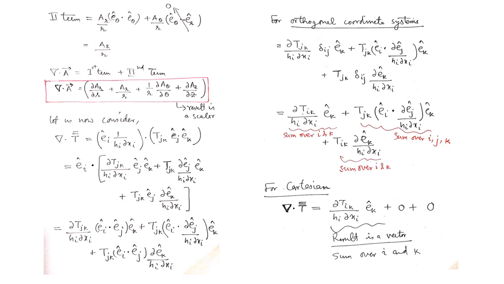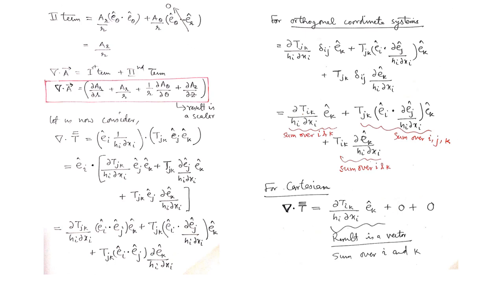Now for orthogonal coordinate systems, we already know that ei dot ej can be written as the Kronecker delta, delta ij. So the first and the third terms have this ei cap dot ej cap dot product, so they are simplified for orthogonal coordinate systems by using the Kronecker delta, which eventually can be simply removed by taking j equal to i.